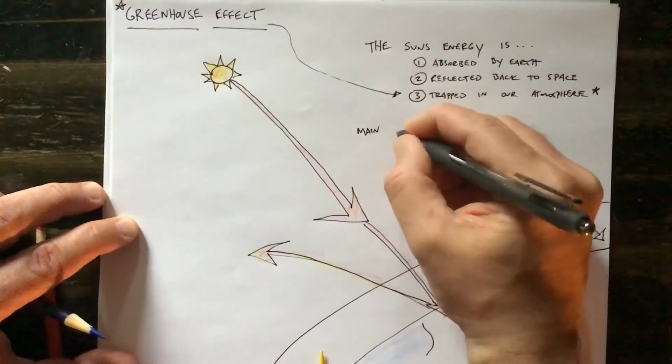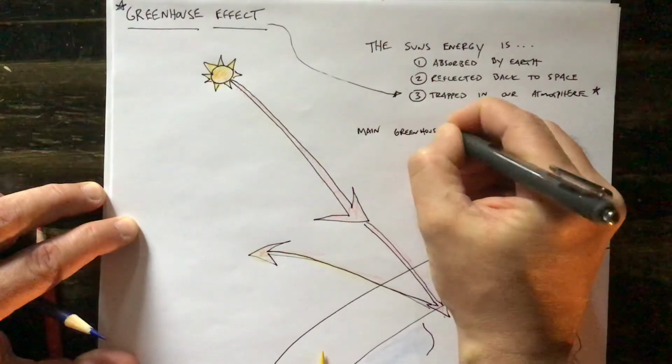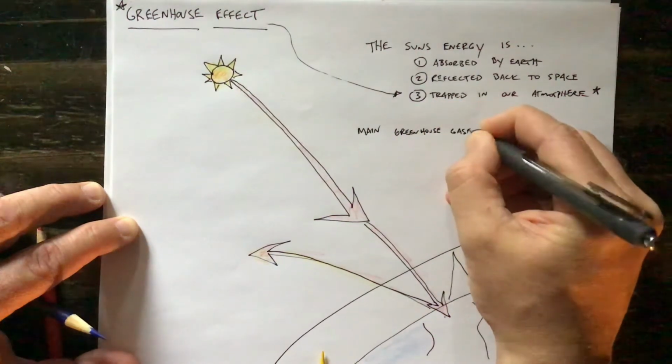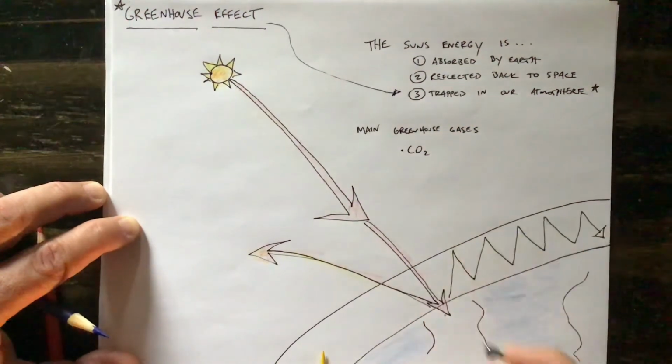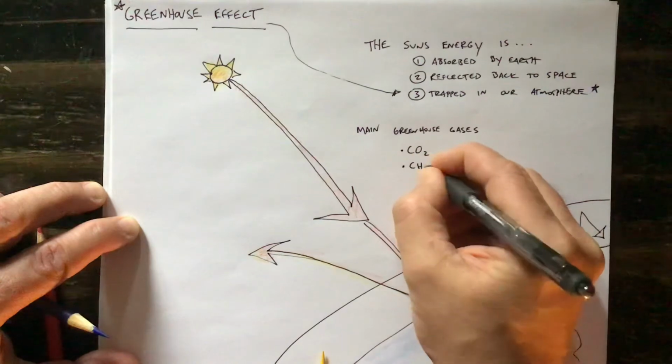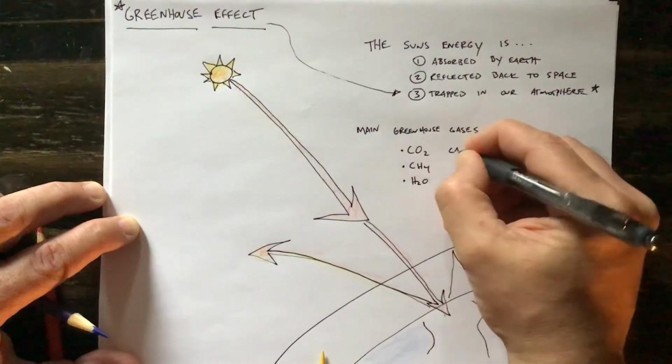And the main greenhouse gases are carbon dioxide, methane, and water vapor.